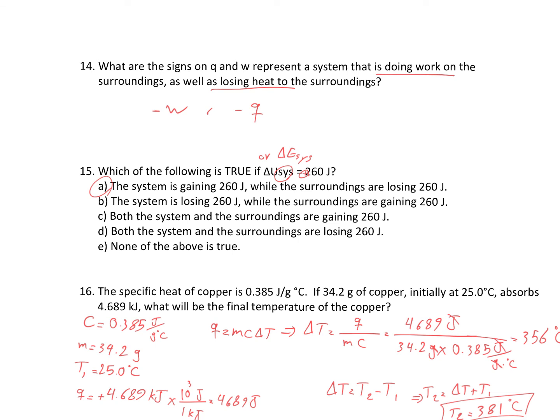So one thing that you need to know is, when do we have negative or positive work and heat? I said that in the lecture slides. Heat: when the system is gaining heat, it has an increase in energy, so the Q is positive.